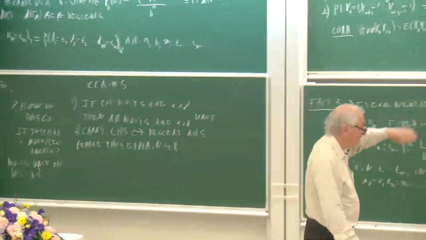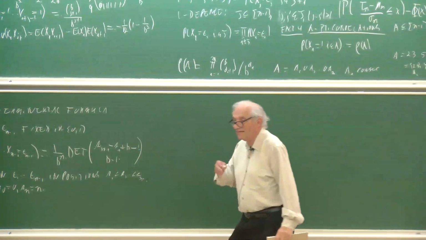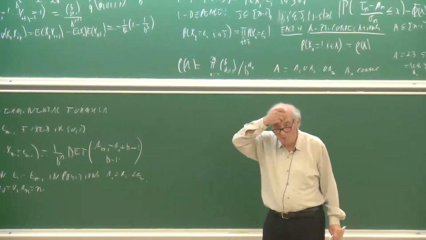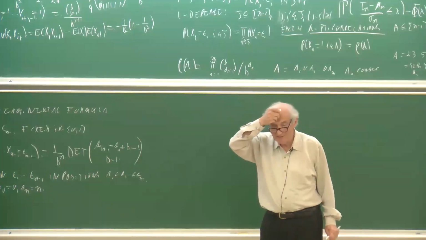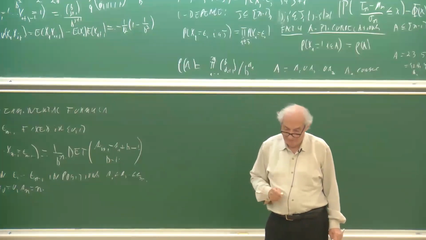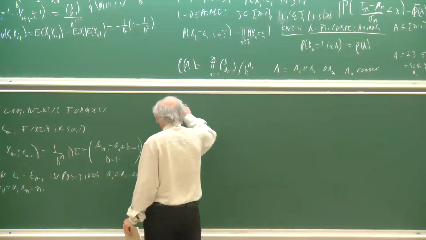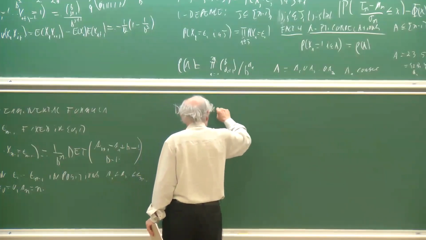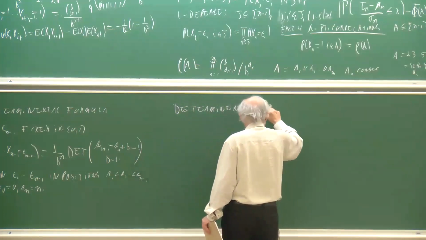So whether you like these specific examples or not, here comes the second main topic, and this is an important part of modern probability, modern mathematical physics, and modern a lot of other things. And the subject is called determinantal point processes.